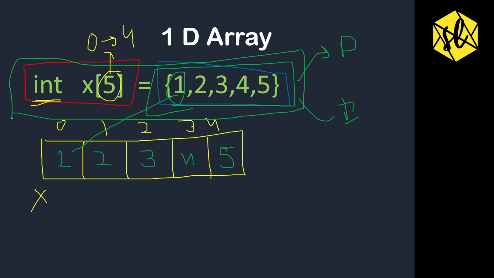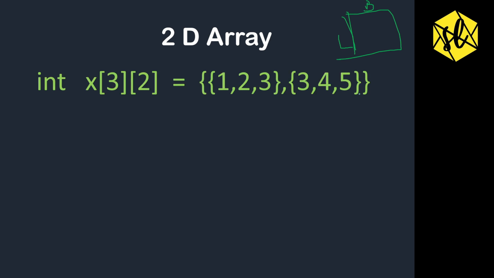So now move to two-dimensional array. So basically what is a two-dimensional array? We have already seen what a two-dimensional shape is. Two-dimensional shapes look something like this, a sheet which has a length and a breadth. So our two-dimensional array is declared something like this. We have two sizes here.